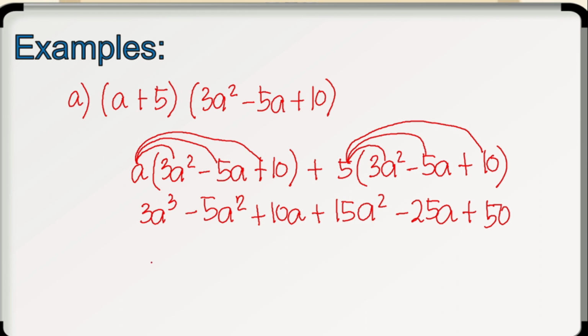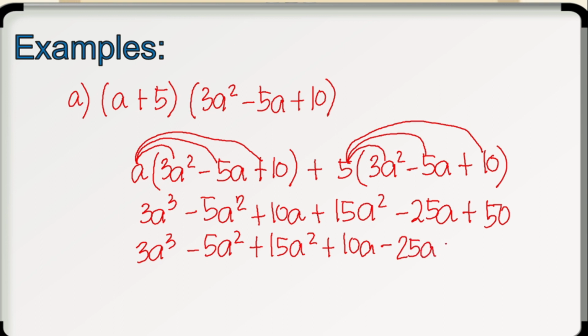Then, group the like terms according to their variables, keeping them in alphabetical order. So we have 3a cubed minus 5a squared plus 15a squared plus 10a minus 25a plus 50. Next, we will simplify them.